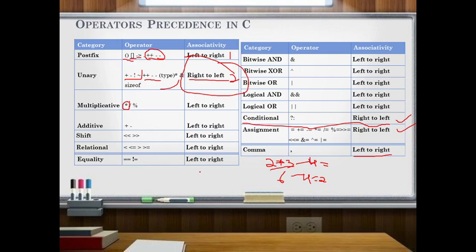If operators have the same precedence, for example 2 into 3 divided by 4, then how do you evaluate this? Which one do you evaluate first? You go for the priority, and both symbols have the same precedence.